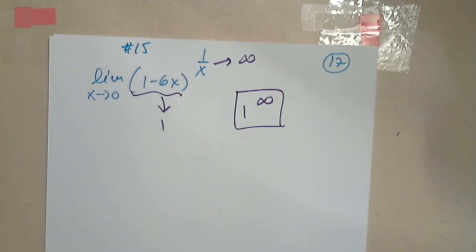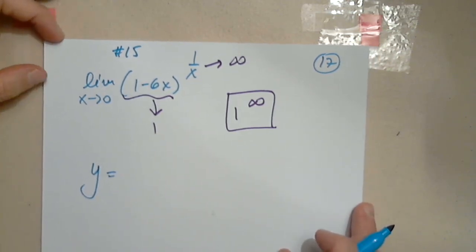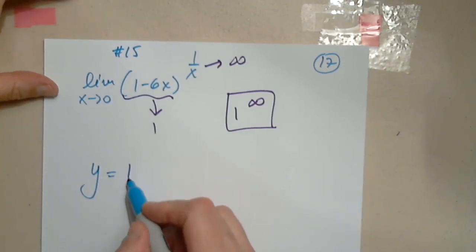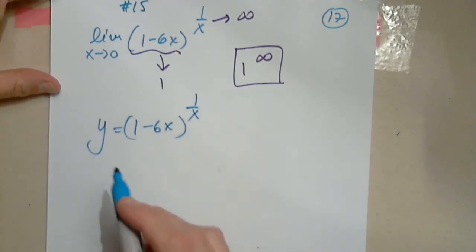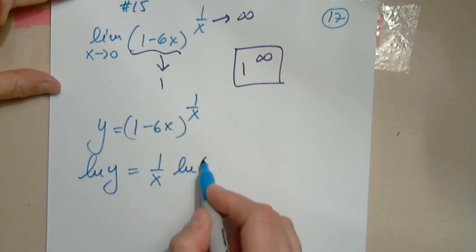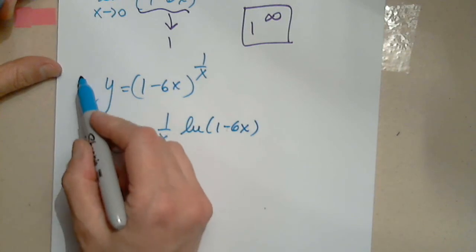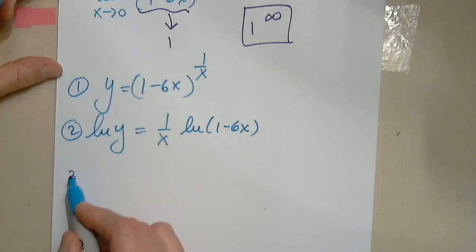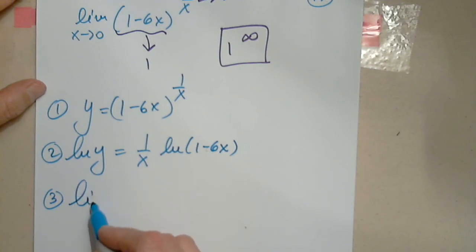Okay, so then my only option here is to denote this by this. Apply natural log. So this was step 1, this is step 2, and now in step 3 I apply the limit to both sides.